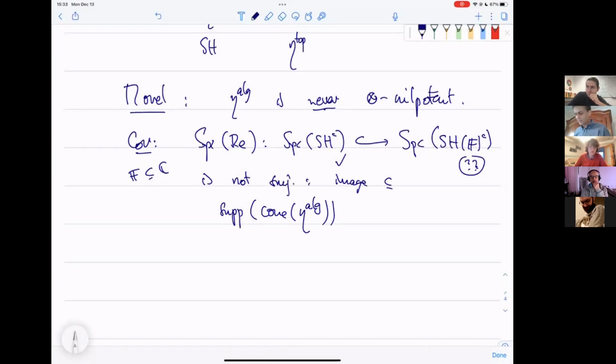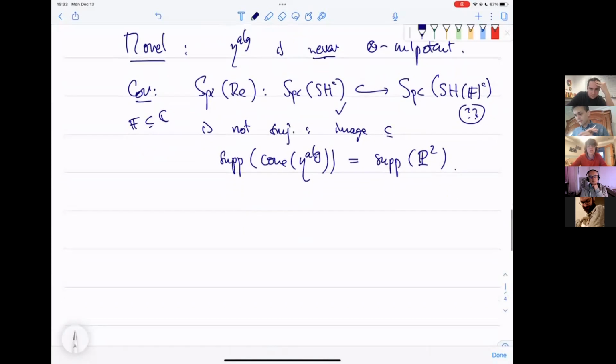It cannot live everywhere. And this is the support. You can describe it as actually the support of a certain variety, just P2. And I proved that in the spectra paper on constructing the comparison map, which I'm going to mention in a moment as well.